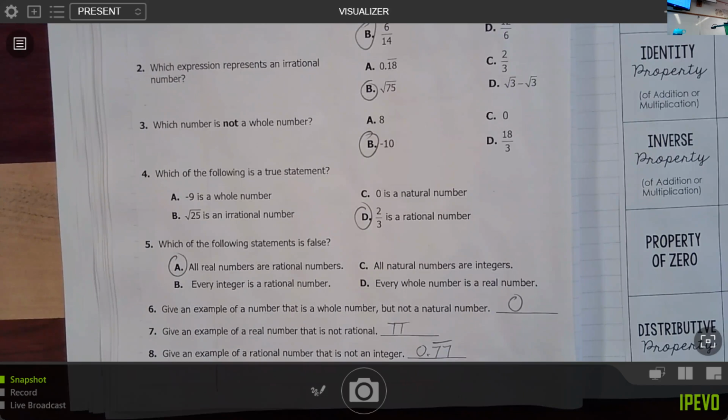So if it's going to be a regular fraction, then it would be rational. If we do a regular fraction, that's the same as this right here.